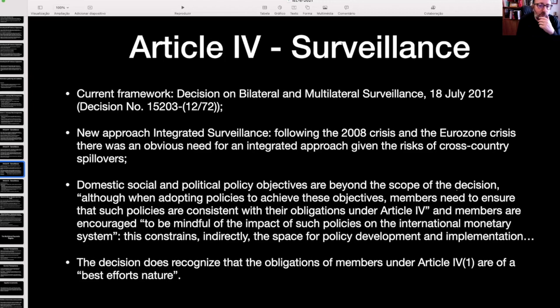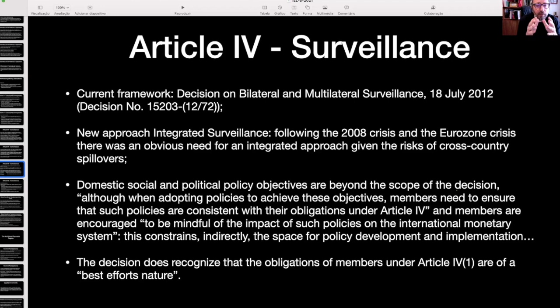So, in other words, although members are free to adopt the social and political policy objectives that they wish to, which is important if in a democracy you vote for your government, because you have different social policies to choose from, it's important that there's an open public policy space, that there's a diversity of public policies that may be pursued in accordance with the wishes of the citizens.